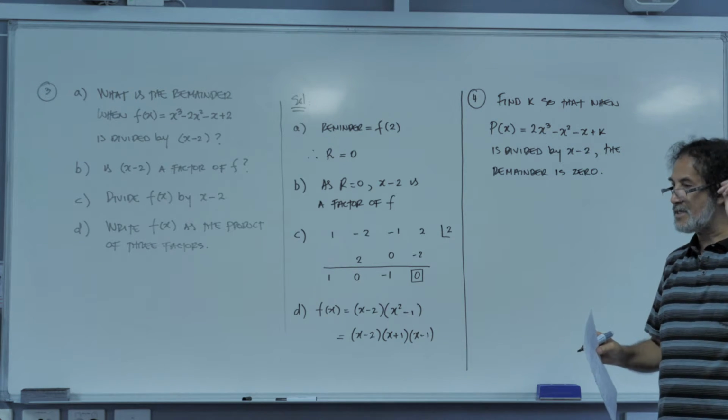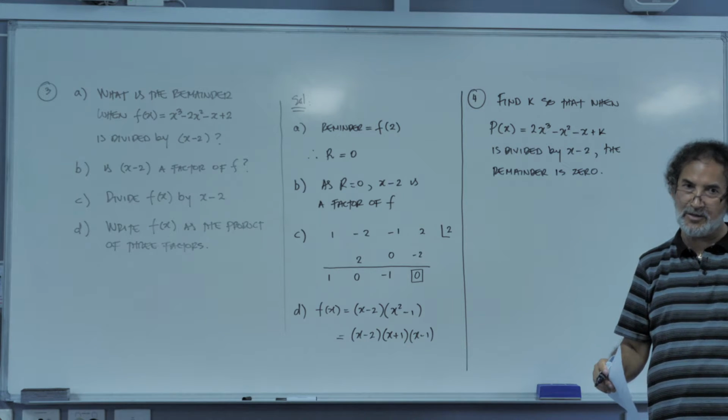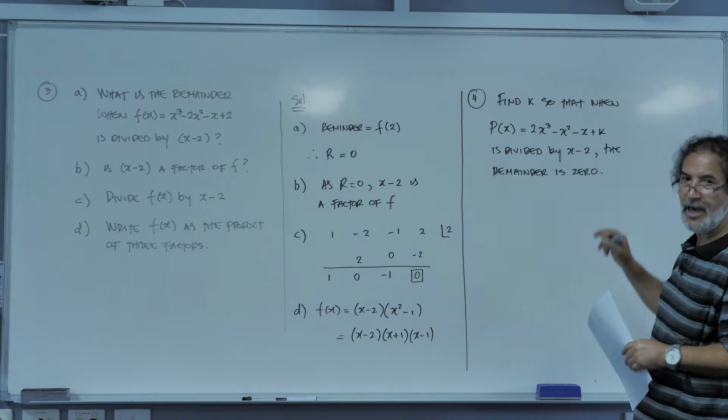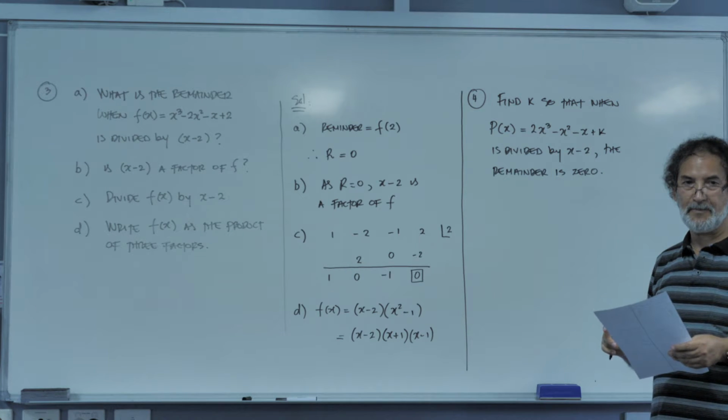So that means that in this case the remainder is given. So you know that the remainder is 0, and then you have to find the answer for k.